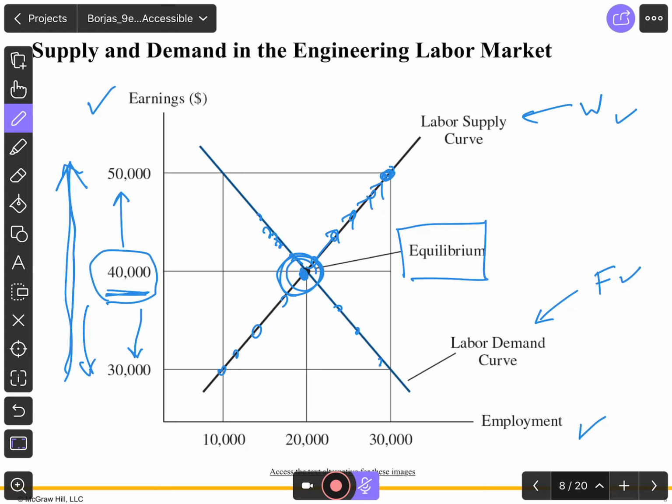So there is this kind of interaction, but the most important part of this interaction is reaching a certain agreement, reaching a certain equilibrium, and this is the equilibrium in the labor market.